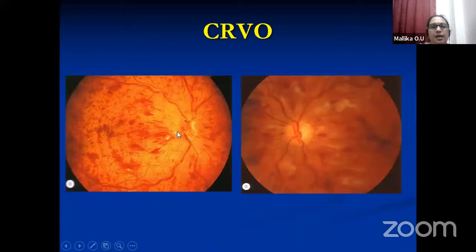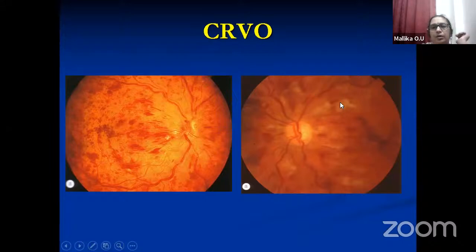This is another patient with a central retinal vein occlusion. You cannot make out the optic disc because of the disc edema. You can see the retinal veins are tortuous and dilated, and you can see the extensive hemorrhages and flame-shaped hemorrhages, and you can see these whitish soft exudates also.